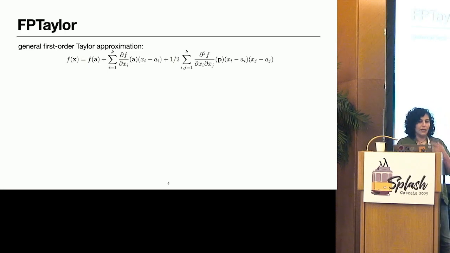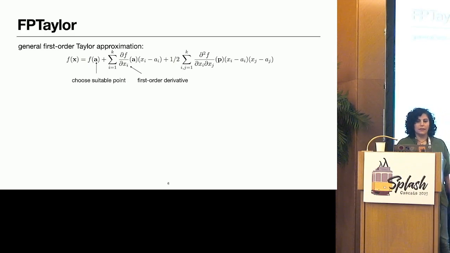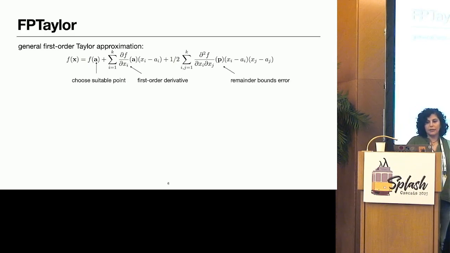However, if we choose a suitable point to compute the approximation around, we get a finite number of terms that are error terms in our case, and they include the first order derivatives and a remainder term that bounds the rest of the error terms, or bounds the other higher order terms in general.